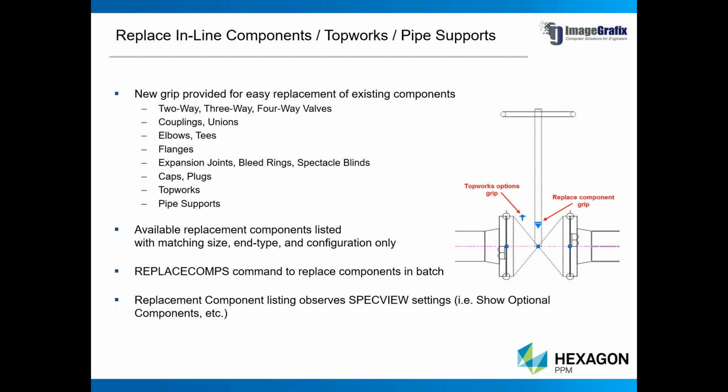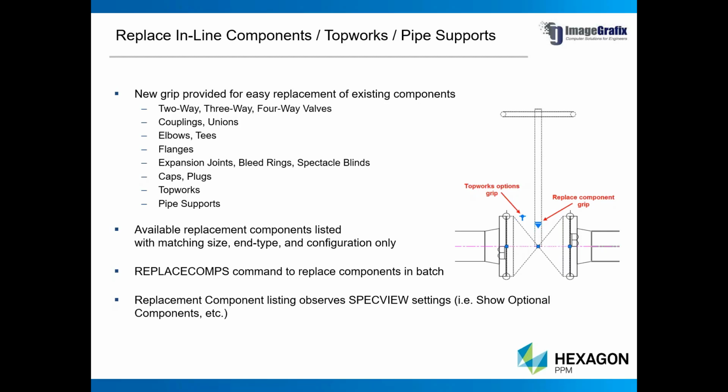So all these things can be replaced with the help of the grips, which are available once you select that object. With the help of those grips, you can change the selection. Available replacement components are listed with matching size, end type and configurations only. Replace comps is the command to replace components in batch.